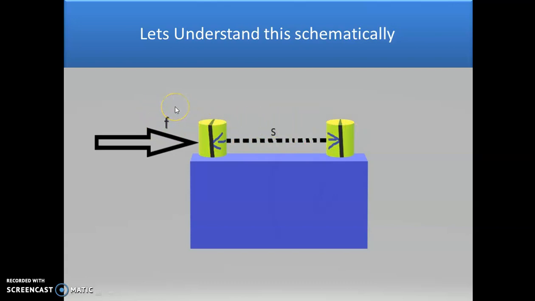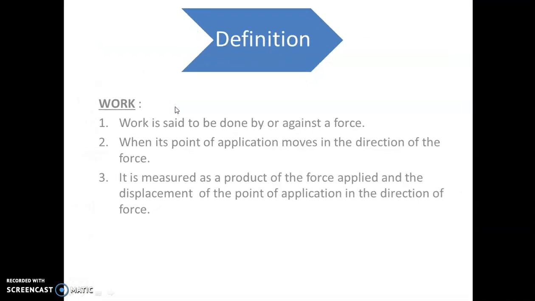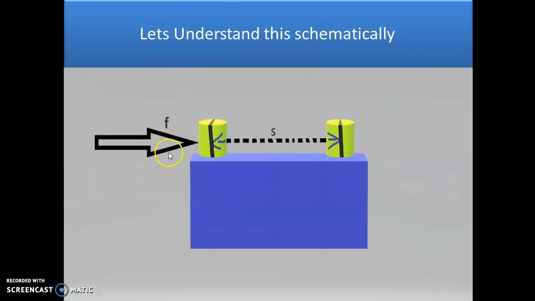F. So from the previous slide, what we know is that it is the product of force and displacement. So we can see what work is. It is the product of the magnitude of force applied and the displacement of the body from its initial position to the final position.